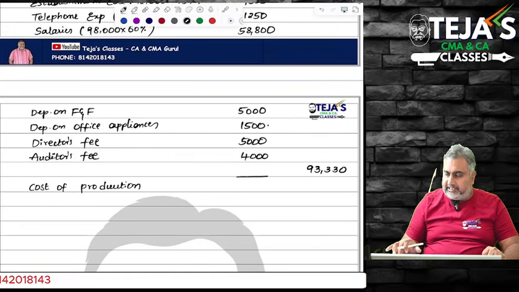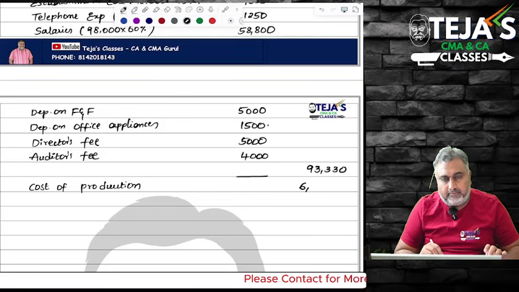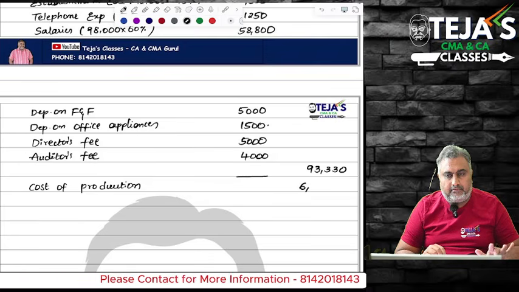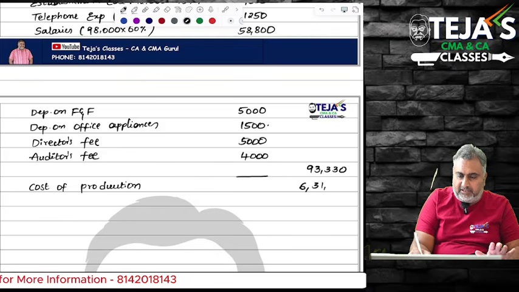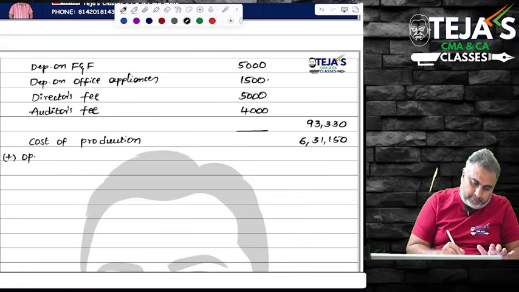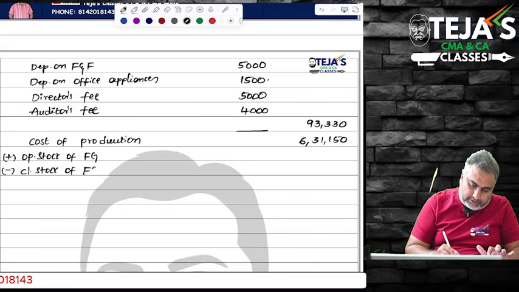After adding this we get cost of production. 5,37,820 plus 93,330 is 6,31,150. For this add opening stock of finished goods less closing stock of finished goods.